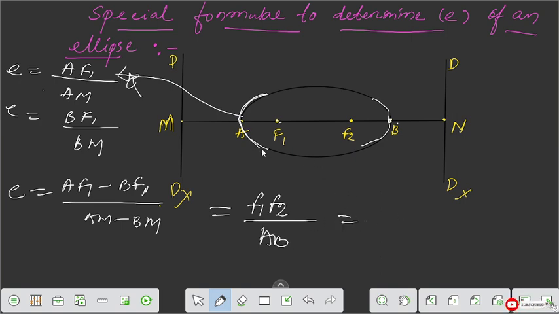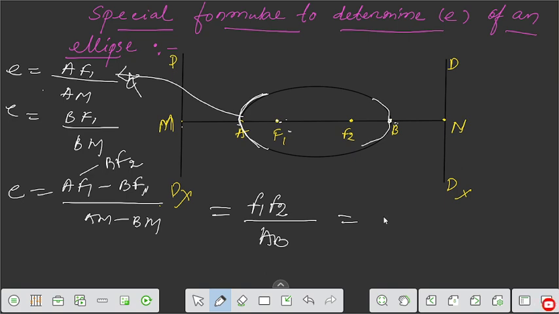So how do we know AF1? As you know, AF1 is equal to BF2. So BF1 minus BF2 is equal to F1F2. And AM minus BM remains this AB portion.